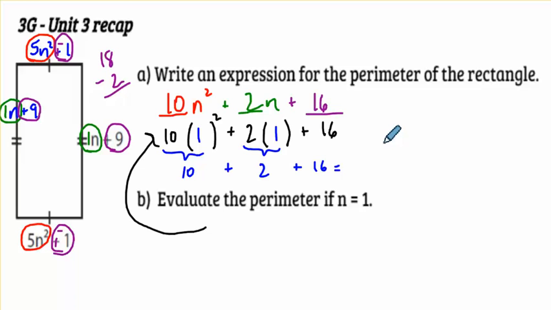The other way that I thought was very clever, that a lot of you guys did, was you just evaluated it for the sides. So if you put in 1 for n here, 1 times 1 is 1 plus 9. This side would be 10, which makes the opposite side 10.